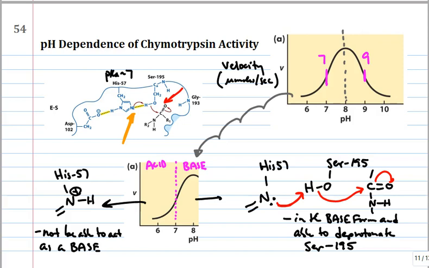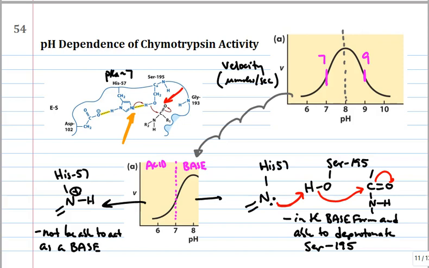If you look at side chain pKa's for the amino acids, there's really nothing around 9. Now, there's a cysteine at about 8.3, but we haven't really invoked the cysteine in this yet. We haven't even talked about a cysteine being important. So I'm kind of skeptical of that.